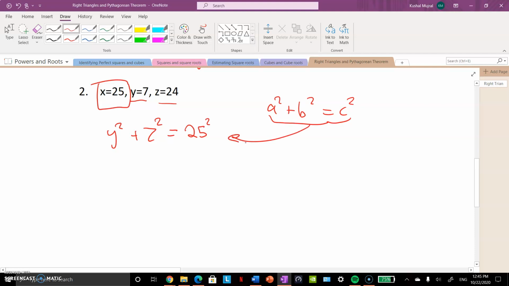So, we're just going to write, oh, I just realized I wrote, this is supposed to be, let's say, Y squared plus Z squared, okay? Because these are the two smallest numbers, and the biggest number is going to be C, okay?